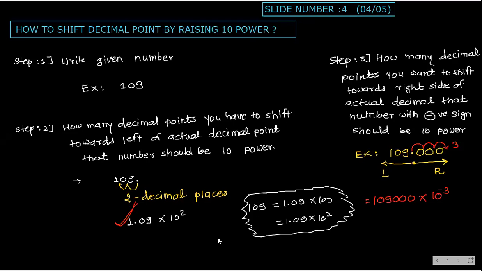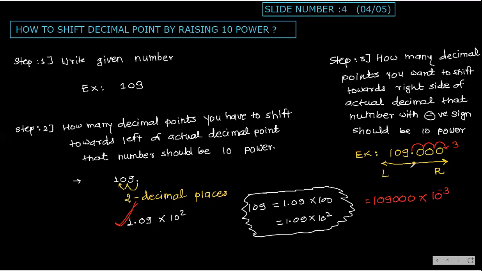Anywhere you shift, this is just an example. You see, this is the standard value. We have to shift like this, the decimal point, one decimal after and 10 power, so that it is easy for calculation.